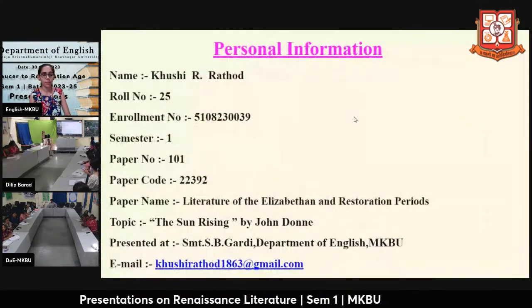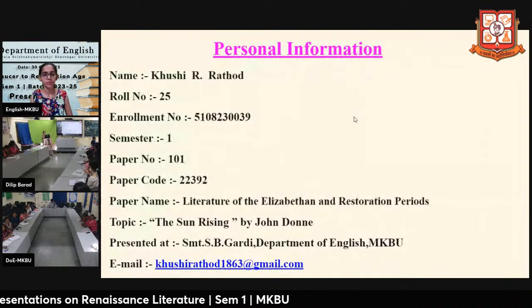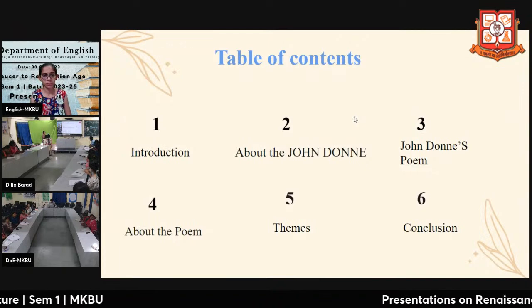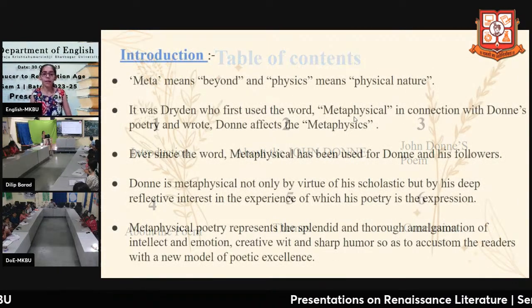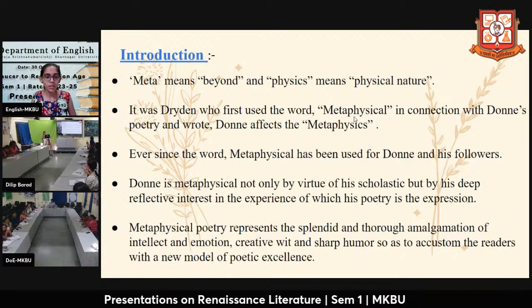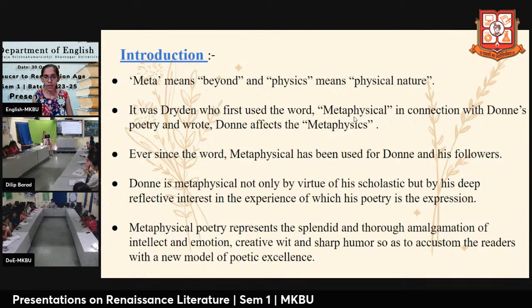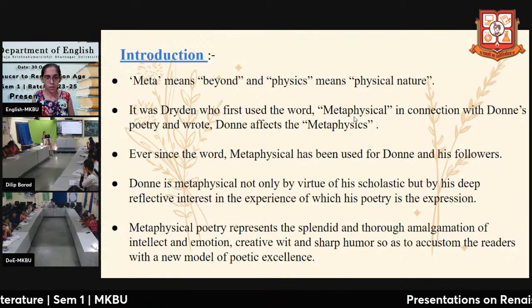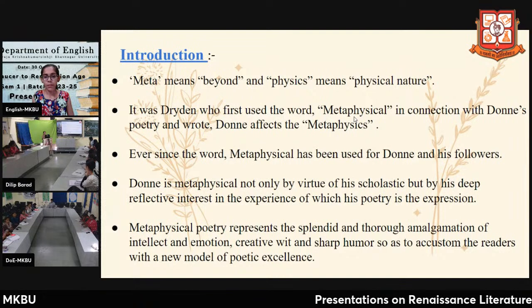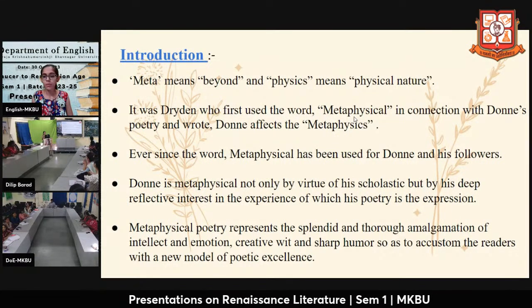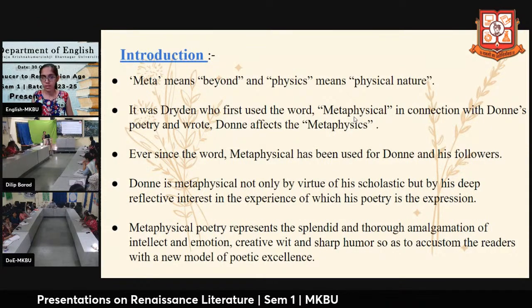This is my personal information. This is my point. Introduction. Meta means beyond, and physics means physical nature. It was Dryden who first used the word metaphysical in connection with Donne's poetry and wrote, Donne affects the metaphysics. Ever since, the word metaphysical has been used for Donne and his followers.